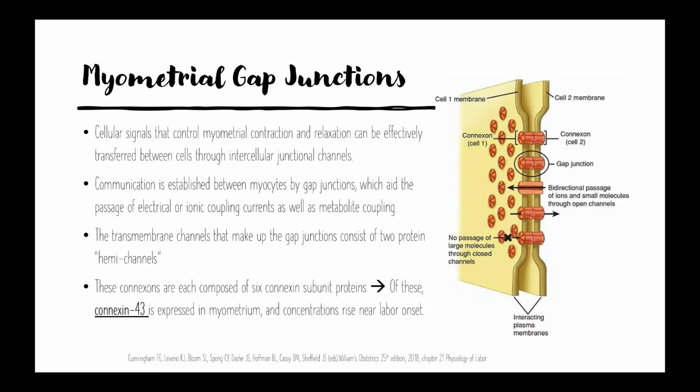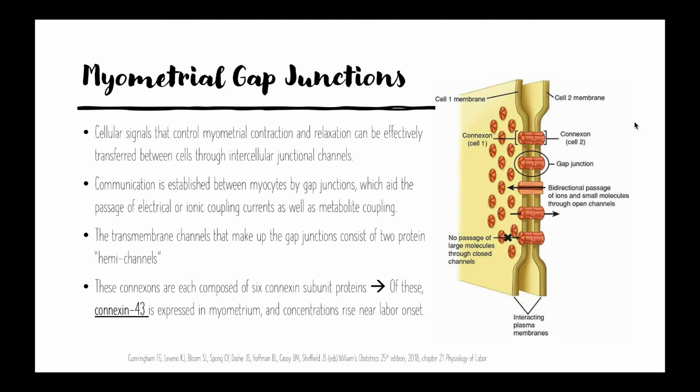Now, cellular signals that control myometrial contraction and relaxation can be effectively transferred between cells through intercellular junction channels, which you see here. These are the junctional channels. Communication is established between myocytes by gap junctions, which aid the passage of electrical or ionic coupling currents as well as metabolic coupling.